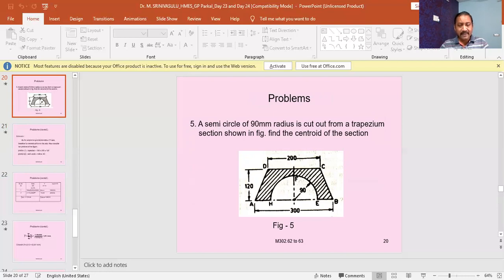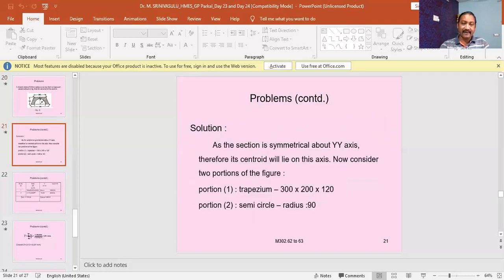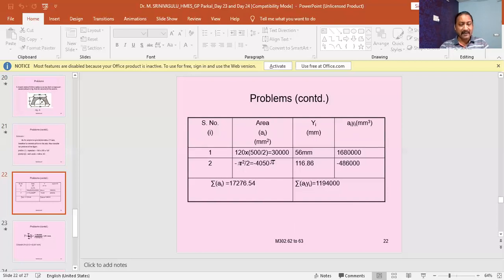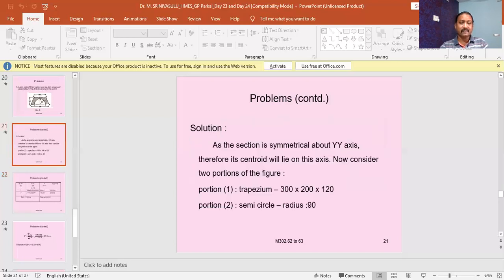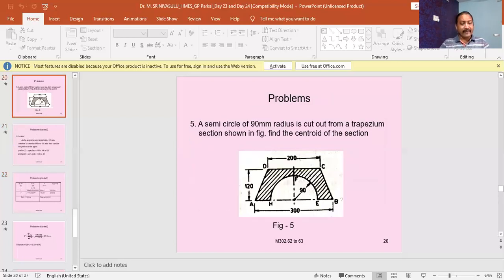So (300 plus 200) by 2 into 120, that is 500 by 2 into 120, gives the area 30000. Now coming to y1.